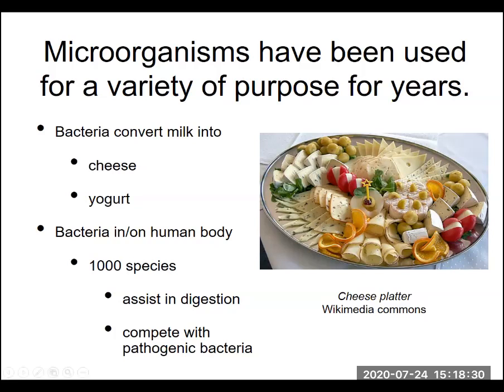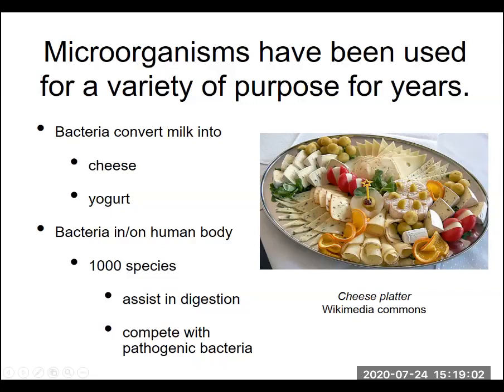They're also important because they compete with the pathogenic, or disease-causing, bacteria. That normal collection of bacteria found within your body needs to be maintained. Somebody on a very powerful antibiotic often has digestion problems and has to eat probiotics or a special type of yogurt to reestablish those good bacteria within their digestive system.